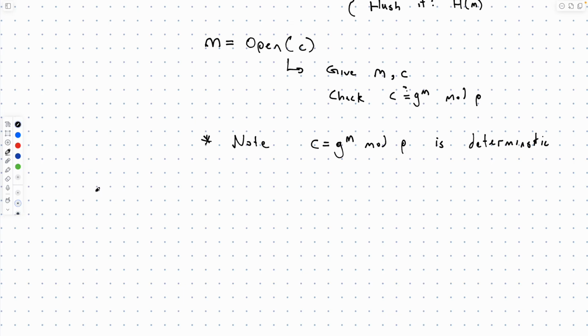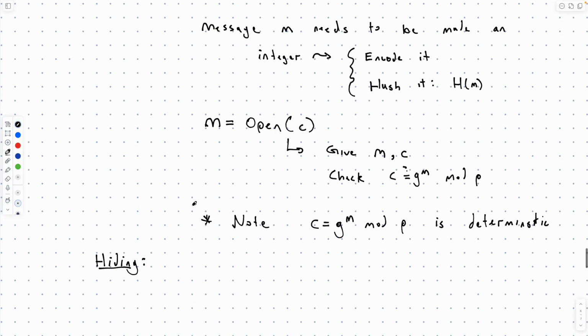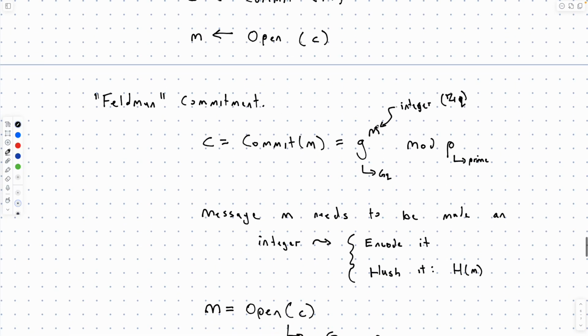Okay, let's think about hiding and binding for this. I'm going to start with the hiding property. Do we think that this commitment is hiding?